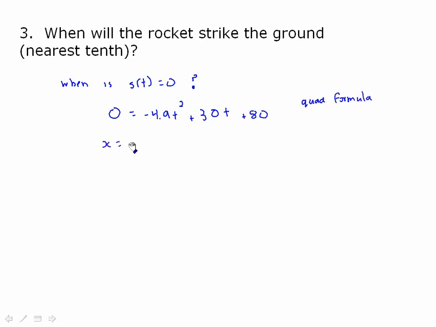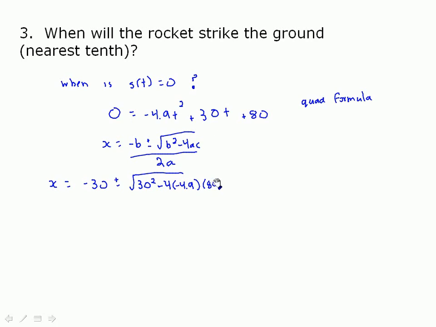So x is equal to negative b plus or minus the root of b squared minus 4ac all over 2a. So x is equal to negative 30 plus or minus the root of 30 squared minus 4 times a, which is negative 4.9, times c, which is 80, all over 2 times negative 4.9.